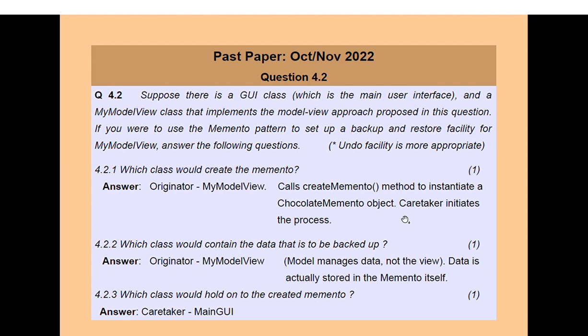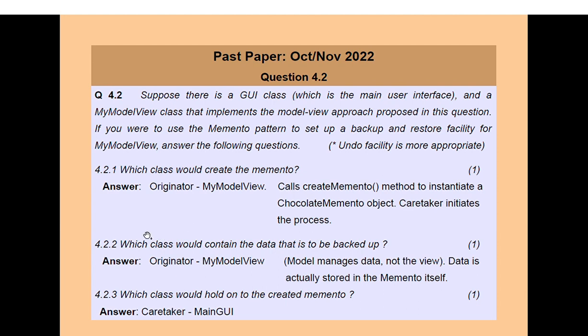Just bear in mind there's a slight bit of detail. It's actually the caretaker, or in this case the GUI class, which initiates the process. In other words, the caretaker tells the originator to create the memento. The originator, being my model view, would then call the create memento method, which would actually create the memento. So the answer here is originator, which is my model view.